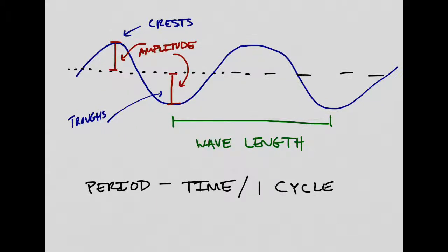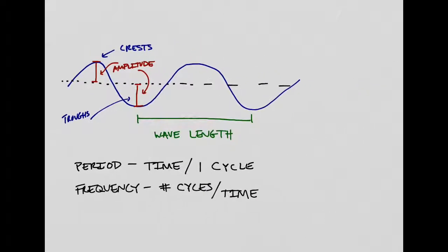Now, there's one more term that you need to know from today that you're also familiar with. It's the frequency. So the frequency is the inverse of the period. It's number of cycles per time.